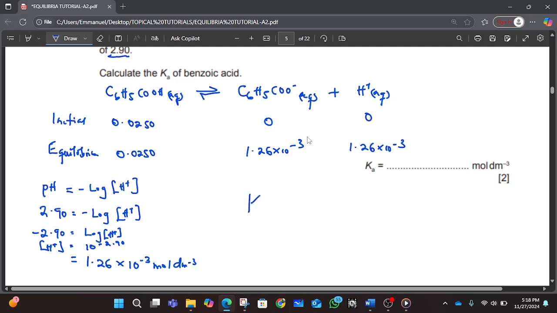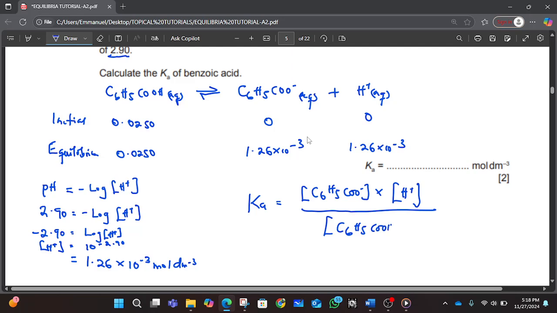Now, the Ka expression for this is equal to concentration of the benzoate ion times the concentration of the H plus divided by the concentration of the benzoic acid. And so since we know their concentrations, we just do the substitution, and this will be 1.26 times 10 power minus 3.